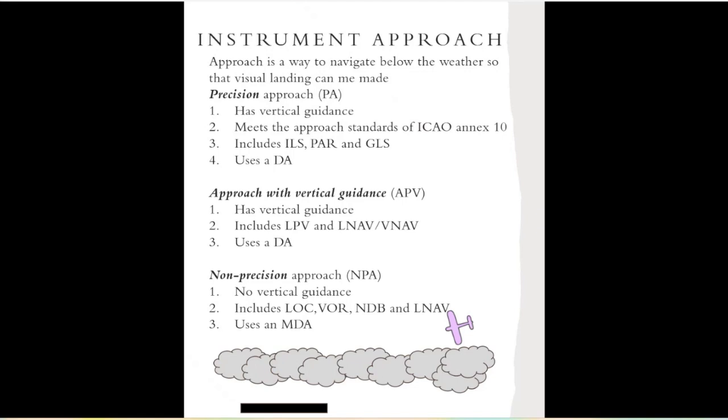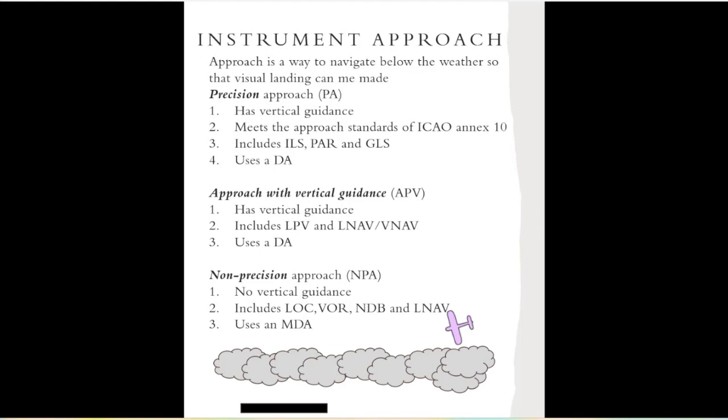But first, what is an instrument approach? Quick refresher. I know we have a couple of new joins who have not been through the previous classes. An instrument approach is a way to navigate below the weather. We are flying either in the clouds or above the clouds, but to land, we have to see the runway.